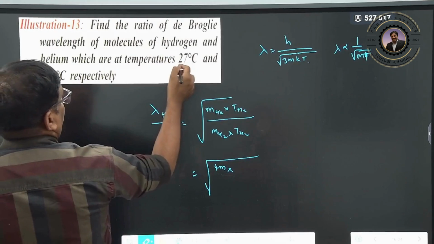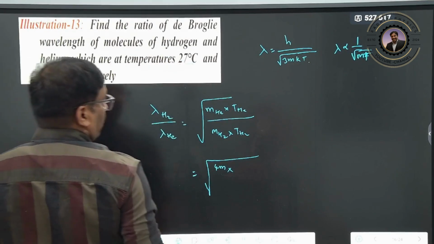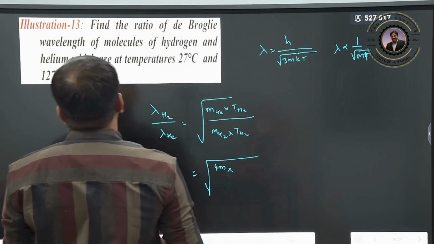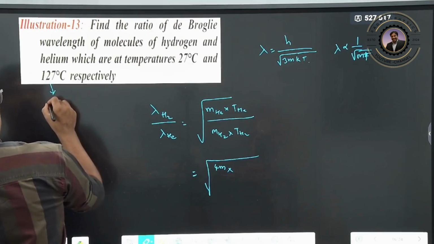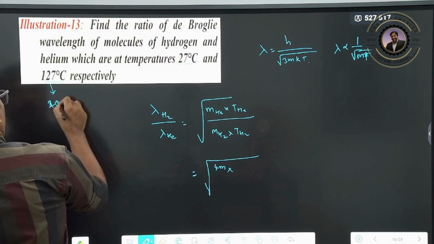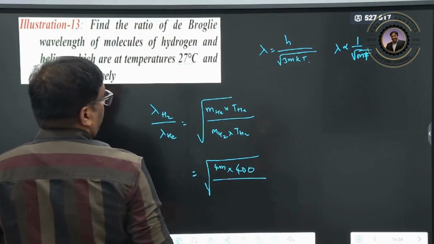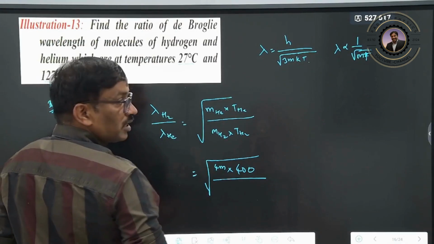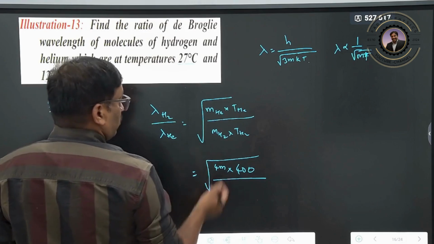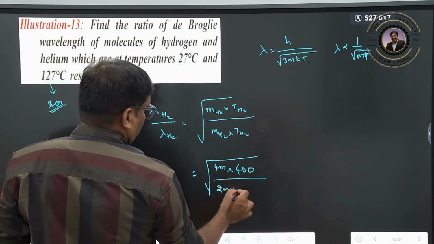Hydrogen is kept at 27 degrees centigrade, helium is kept at 127. 127 plus 273 is nothing but 400 Kelvin. Therefore it is 400, divided by mass of the hydrogen. Mass of the hydrogen is how much now? It is 2m, right?